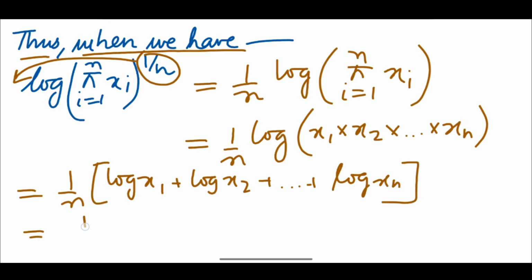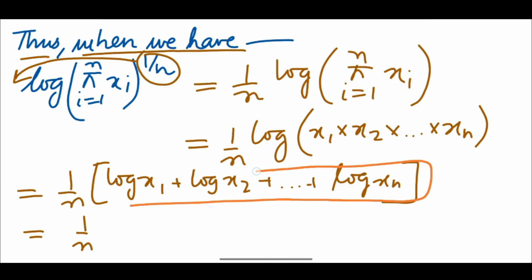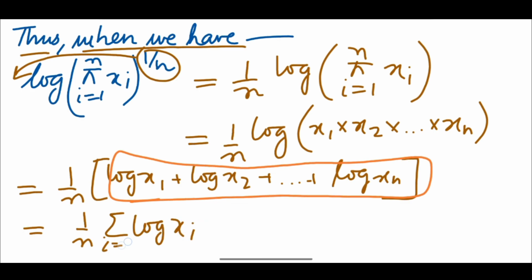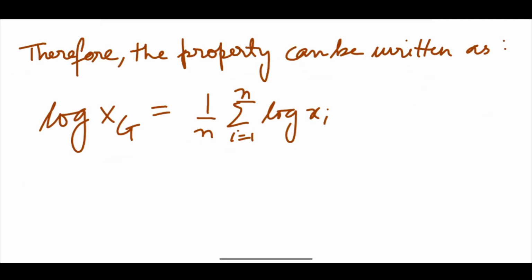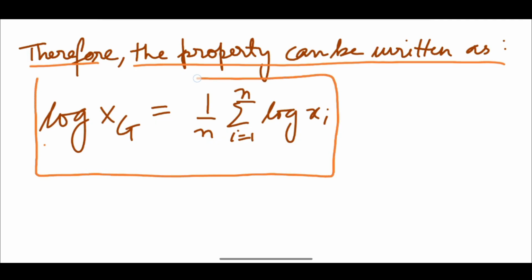Now, in the next step, we can rewrite this portion in brackets into the summation of log xi, where i equals 1 to n. Therefore, the property can be written as log xg equals 1 divided by n times the summation, i equals 1 to n, of log xi.